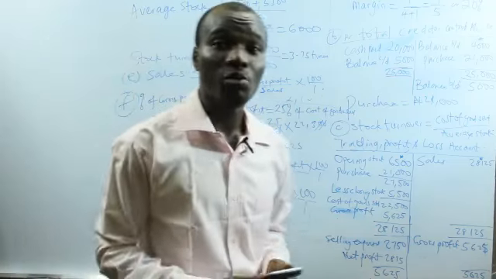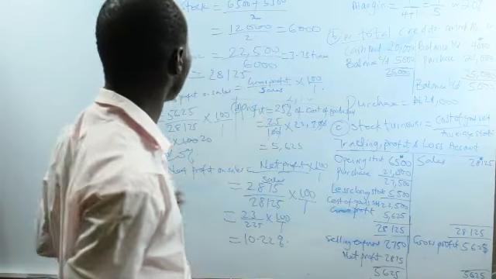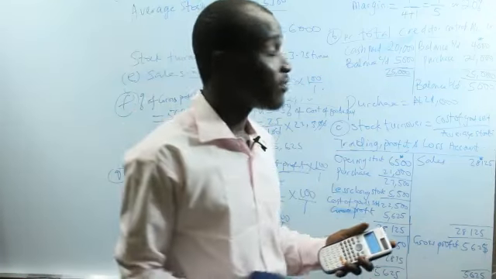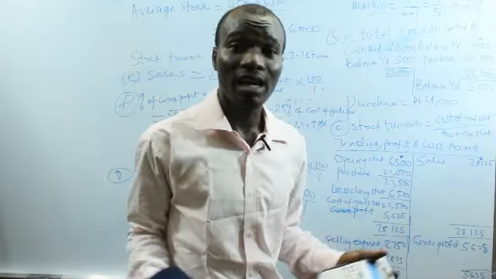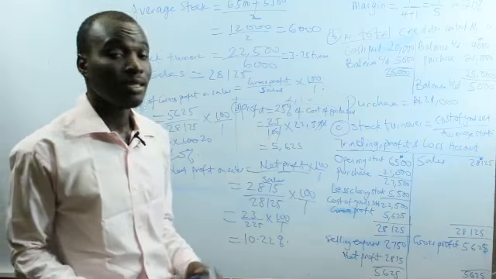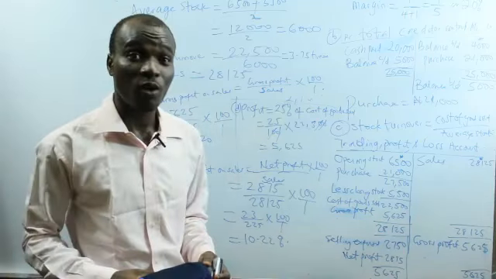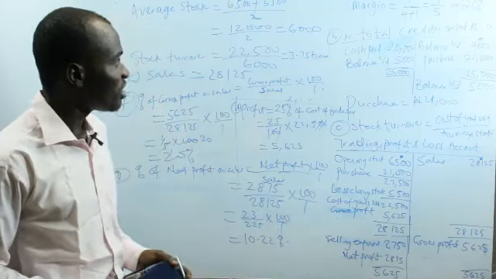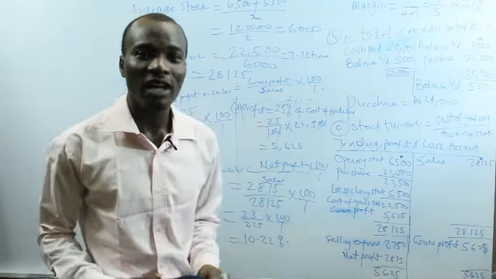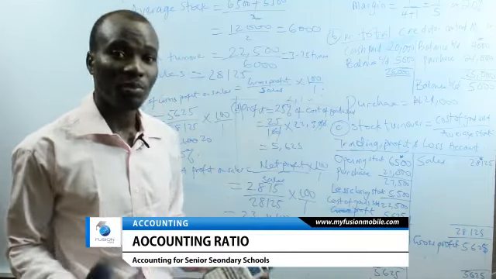So in this lesson we talked about the accounting ratio, the meaning of accounting ratio, and the different types of accounting ratio. That is the margin and the markup, and also the rate of stock turnover, which is the cost of goods sold over the average stock within the period. That is the number of times the stock is turned over within the period.